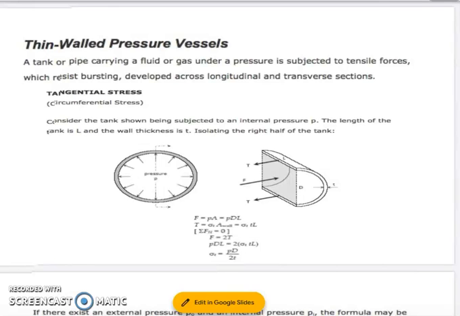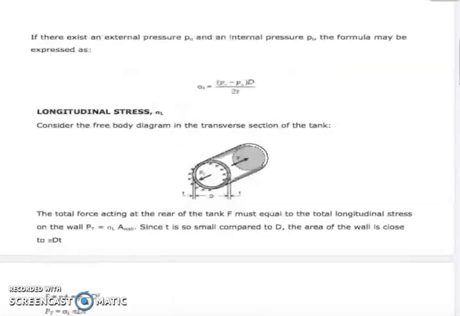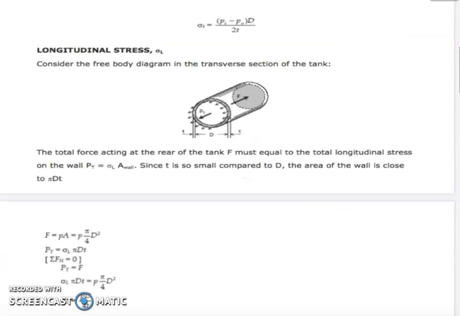If there is an existing external pressure P sub O and an internal pressure P sub I, the formula may be expressed as tangential stress is equal to P sub I minus P sub O times D all over 2T.